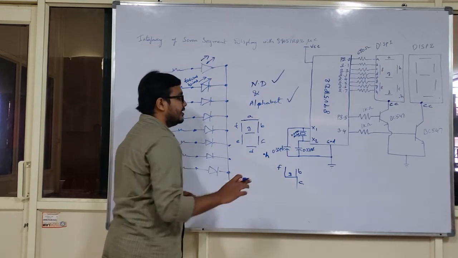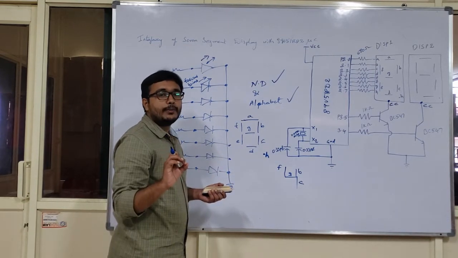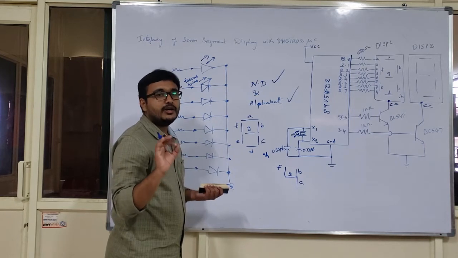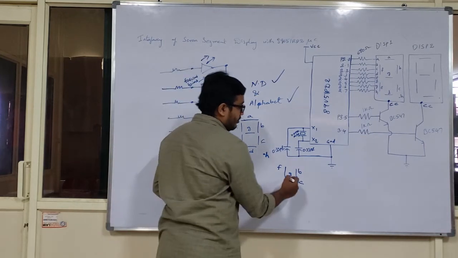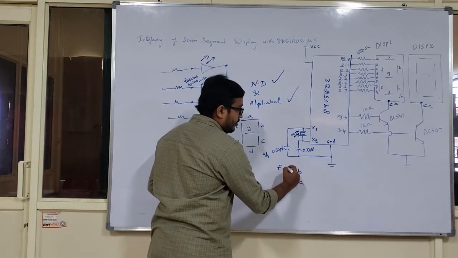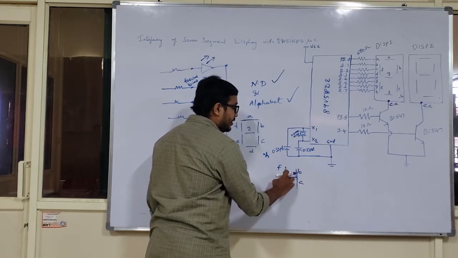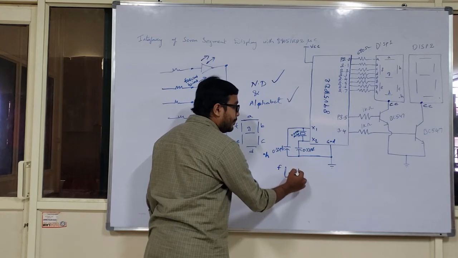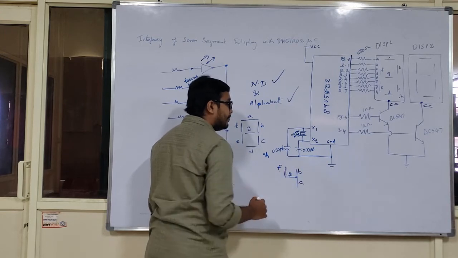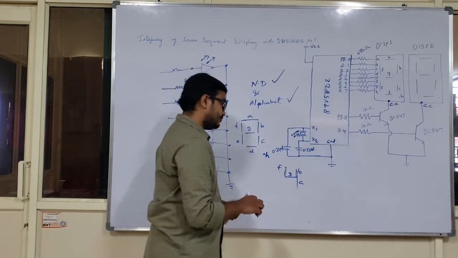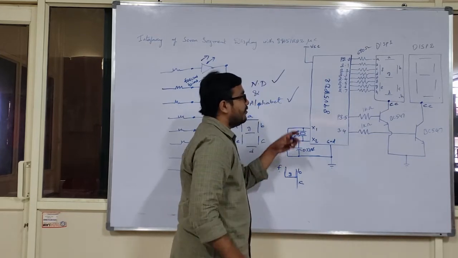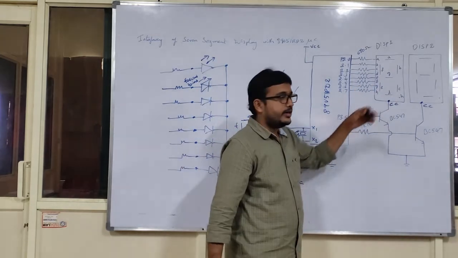This dot is exclusively used to represent a decimal number. So 4 is displayed when the B, C, F, G segments are illuminated.